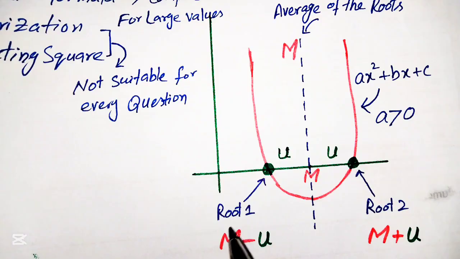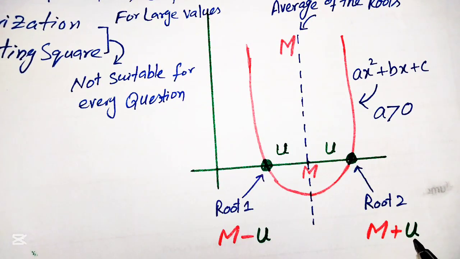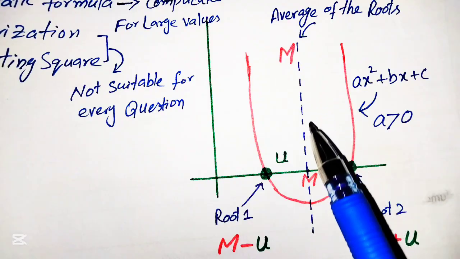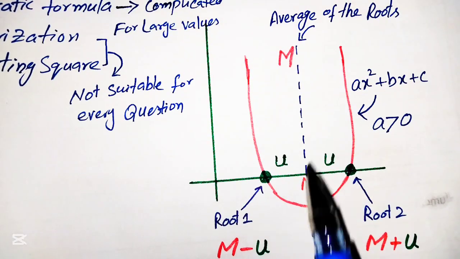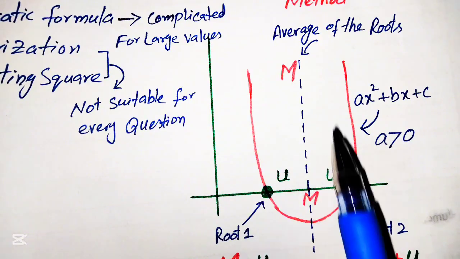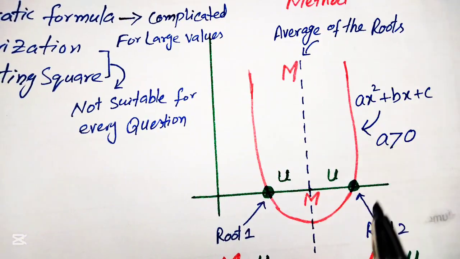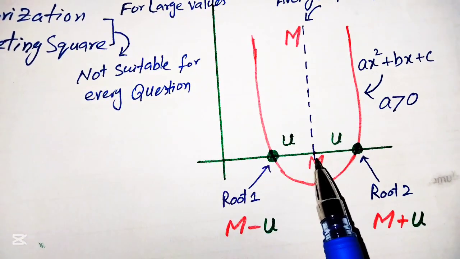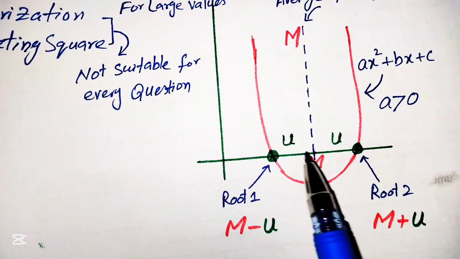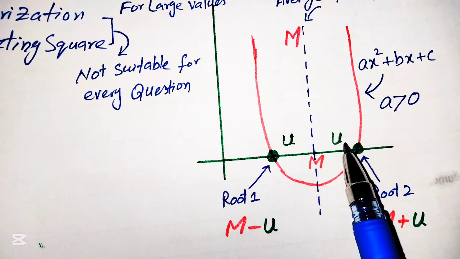This is root 1 and this is root 2. If we draw a line here, this is the average of the roots. This M point is called the average of the roots, and we can see that the distance from this root to this average point is u, and similarly it is also u.